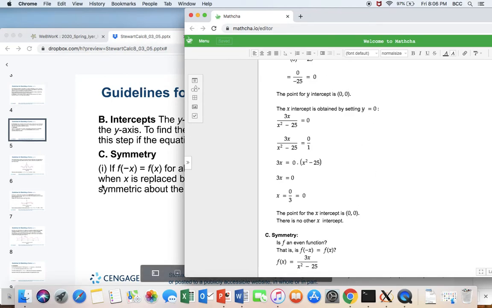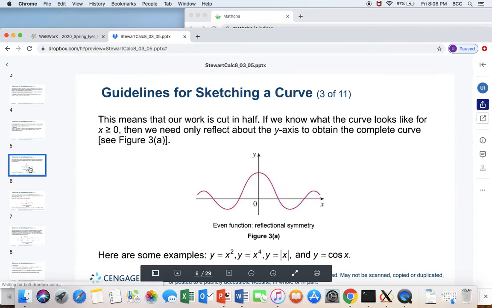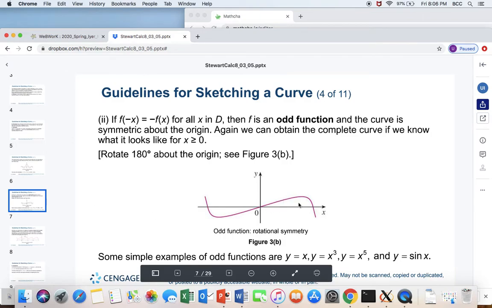Okay, the next item in our guideline is symmetry. Symmetry exists for an even function: graphs are symmetric about the y-axis. That's what even functions do. For an odd function, the graph is symmetric about the origin. That means a 180-degree rotation will give me back the same picture.